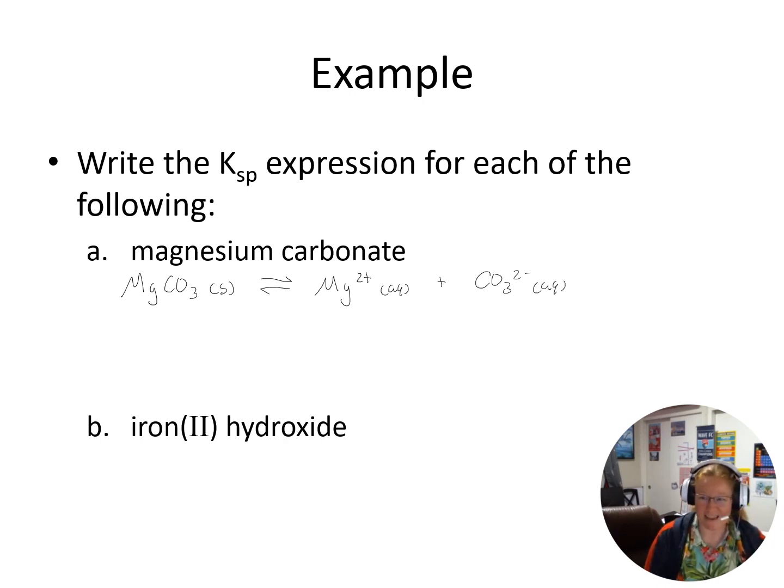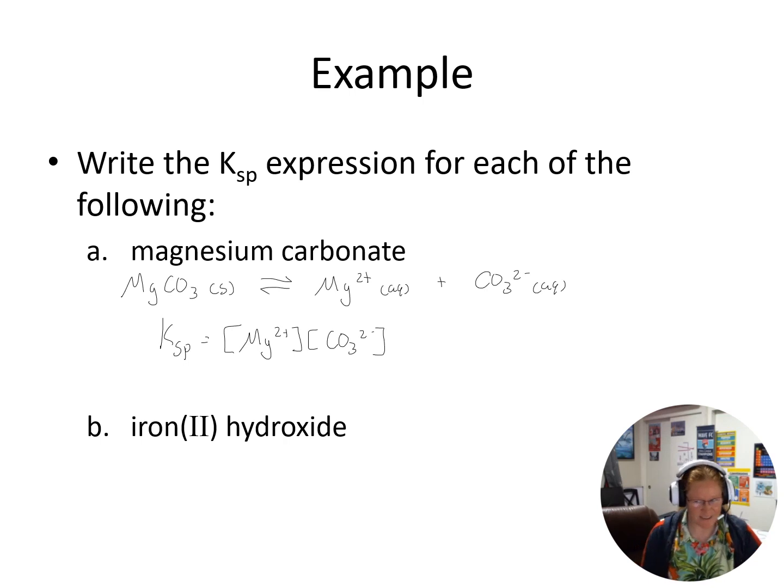Again, in my Ksp expression, I'm not going to put my solid, so my Ksp here is going to be magnesium and carbonate. Okay? All right, let's try another one.